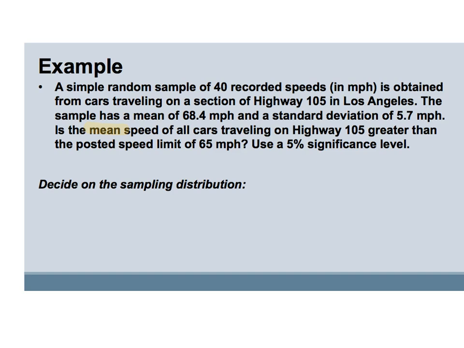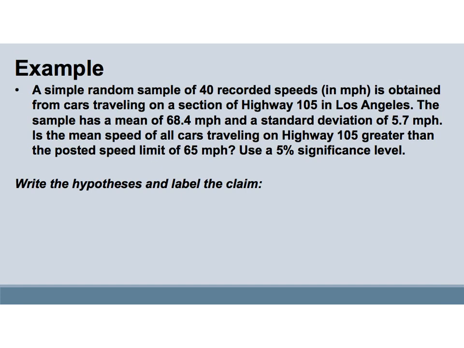So, in the very first one, you would circle mean. Write the hypothesis and label the claim. So I write that down, I write this down. Now, I got to figure out what the claim is. Is the mean speed of all cars traveling on 105 greater than the posted speed limit of 65 miles per hour?